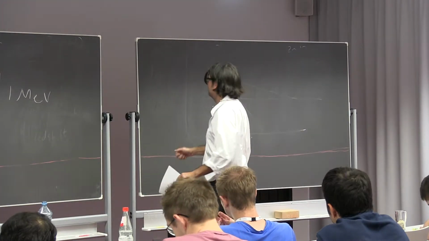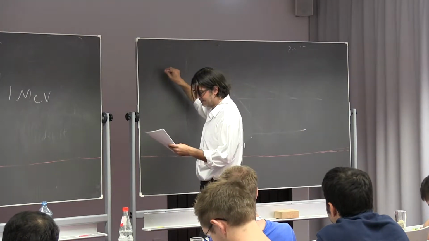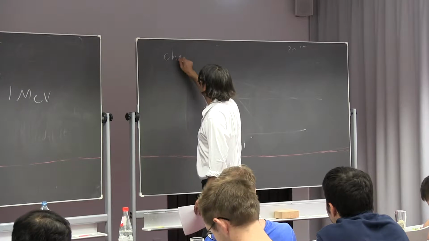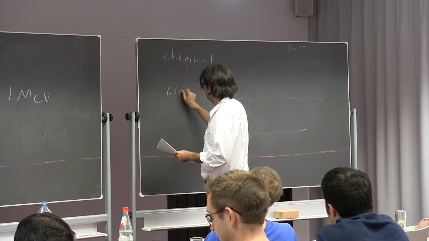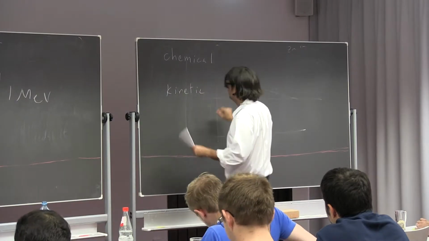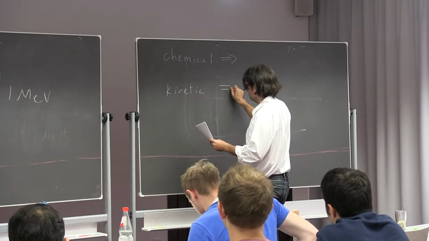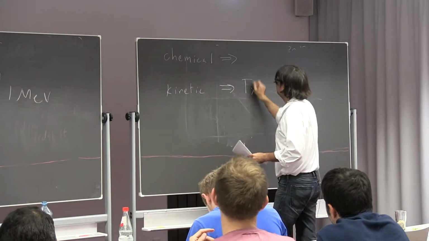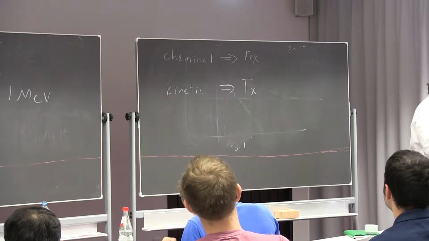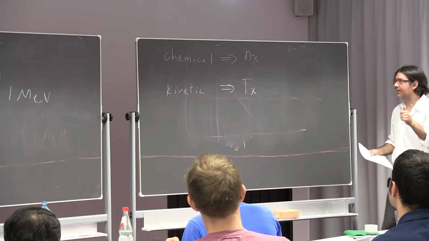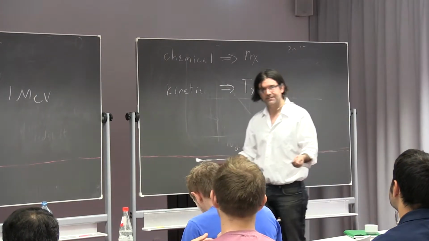All right, then I'll say one last thing about equilibrium, just to make this point home, that there are two types of equilibrium, chemical and kinetic. I'm sure, again, this is something that you all remember from your statistical mechanics classes. But if I have chemical equilibrium, that means that I can change the particle number.